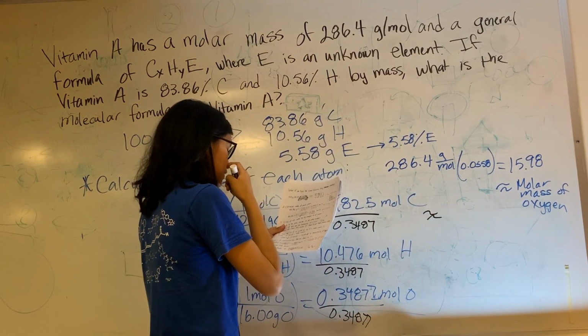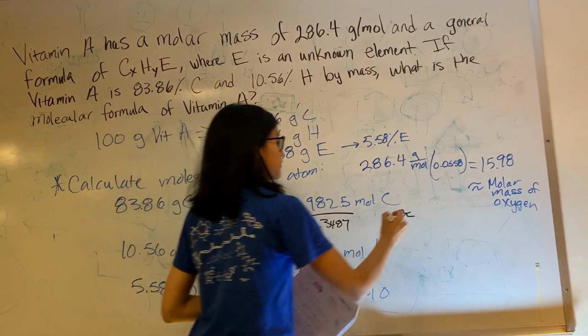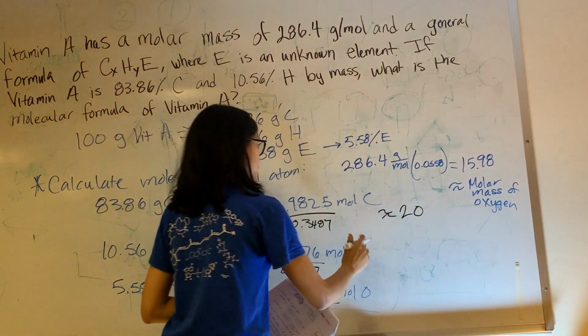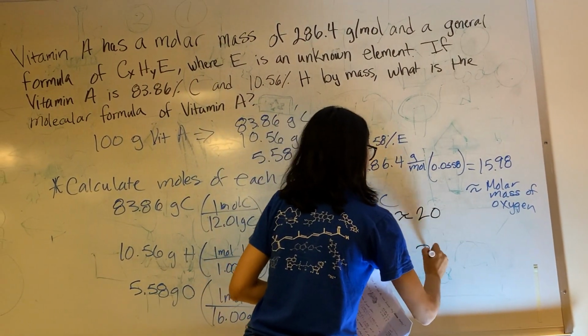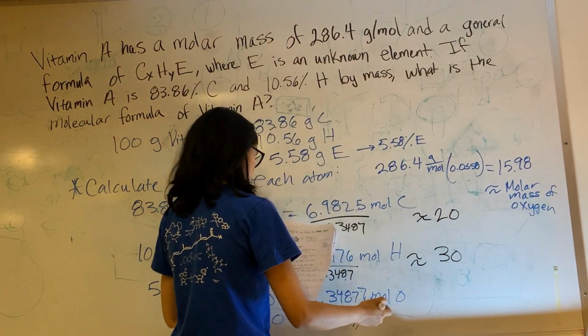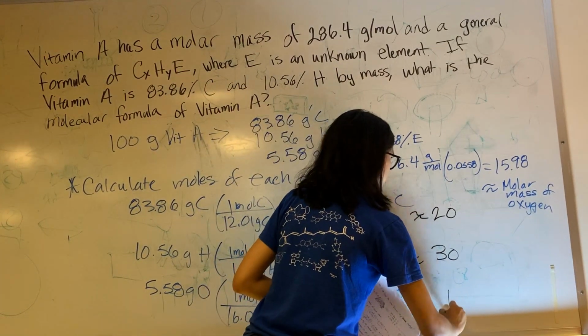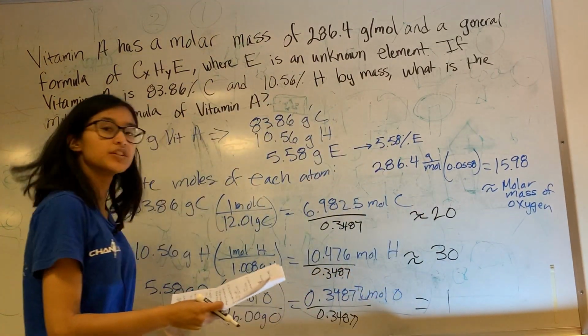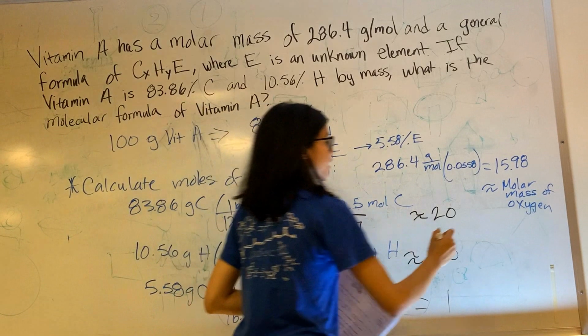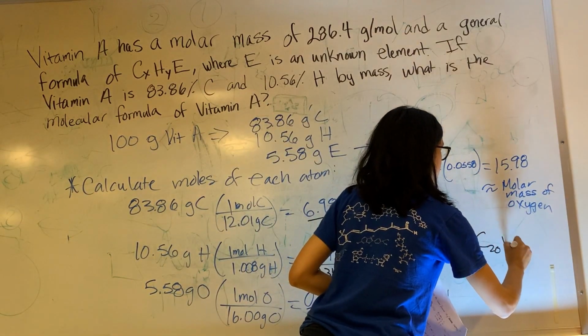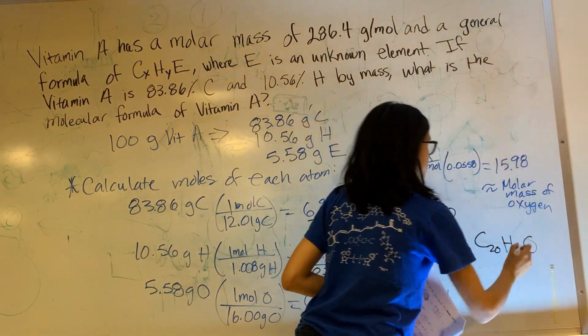When we go ahead and do this division, you'd end up with about 20 for carbon, about 30 for hydrogen, and obviously just 1 of your oxygen. And so you get the exact same relationship, C20H30O.